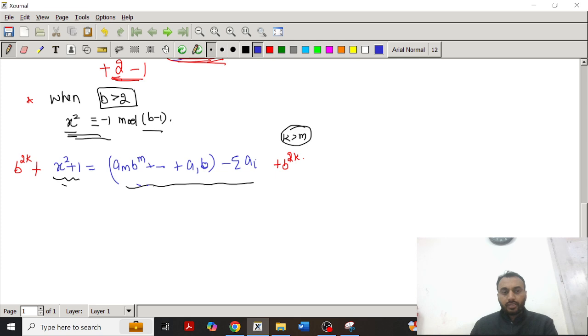But again, to satisfy this condition of our right hand side, if we are adding one more place value like b power 2k, the corresponding coefficient we have to subtract, no? Because we have a digit sum also. So we can say b power 2k minus 1. So you can see this will cancel out, and we have a b power 2k plus x square is equal to this.